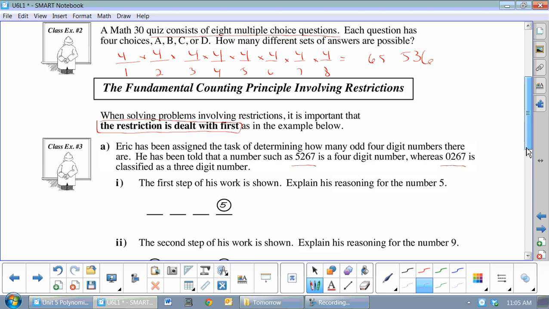It would count, though, if it was a combination lock or something, actually a permutation lock, right? 0 is an actual number on a lock. But when we're talking digits, 0 first is not allowed. So you need to know that going into my test and the diploma. Okay, so I would have that written on a study sheet so you know that. Because if you make that mistake on the diploma or my test, you have no excuses.